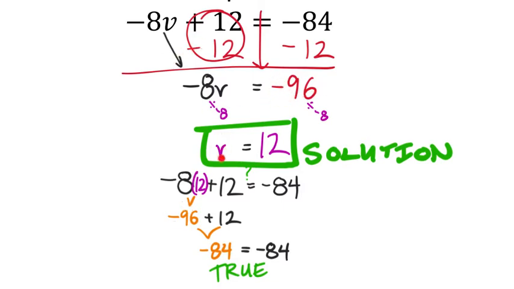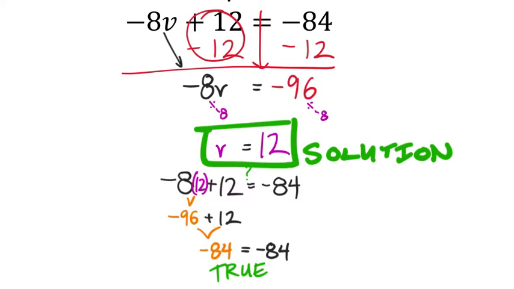We went forwards, then we went backwards to check, okay? And then negative 96 plus 12, it was negative 84 here in orange. That was this negative 84 that we had started out with, okay? But we checked to make sure that if I replace v with 12, it gave me a true statement. This is a pretty crucial step here because some students don't do this, which means, I don't know, maybe you like to gamble. I don't know.